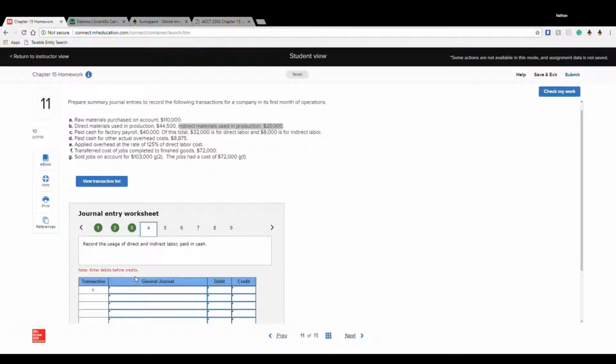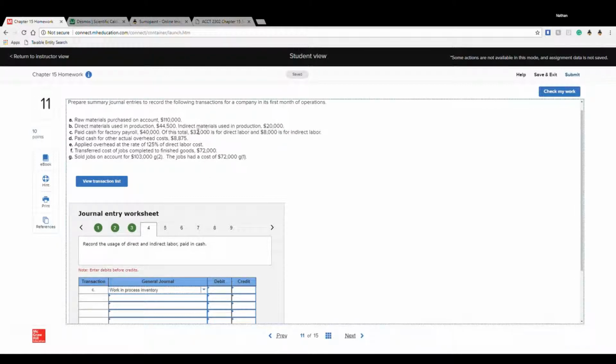4. Record the uses of direct and indirect labor paid in cash. Okay, so we paid cash for our factory overhead, basically our payroll. So first one, we want to record work in process. Notice it does want us to do both in one go.